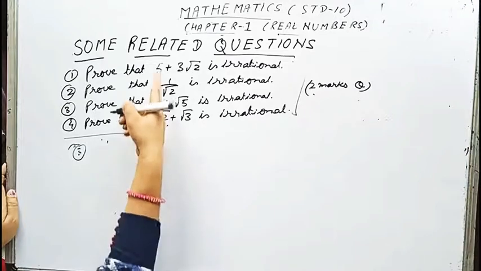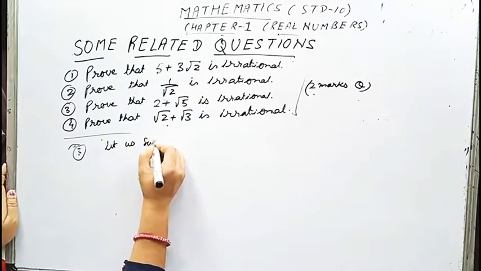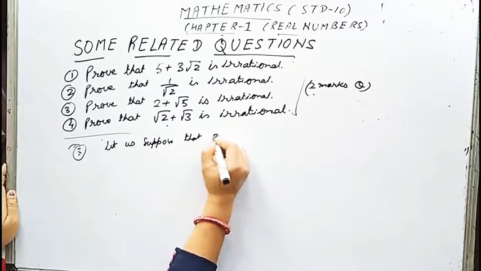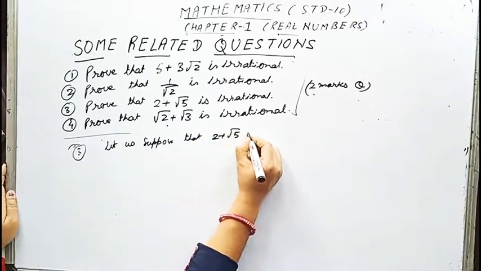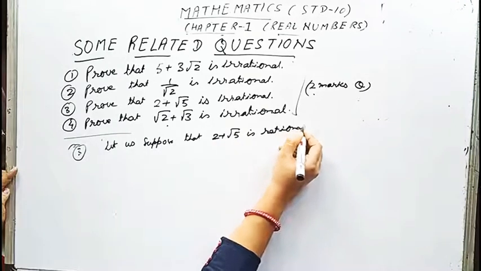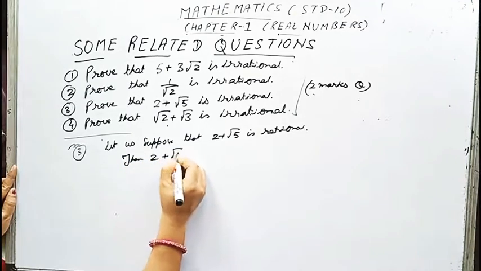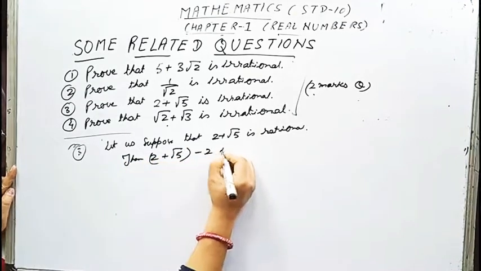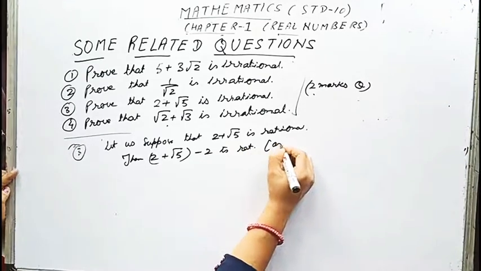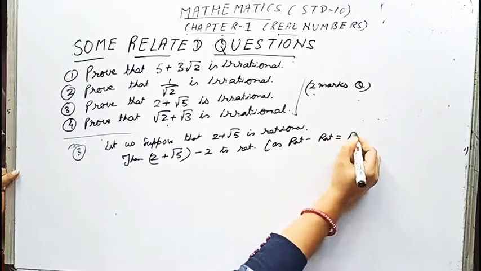Again, we will be proving it like number 1. Let us suppose that 2 plus root 5 is rational, then 2 plus root 5 minus 2 is rational, as rational minus rational equals rational.